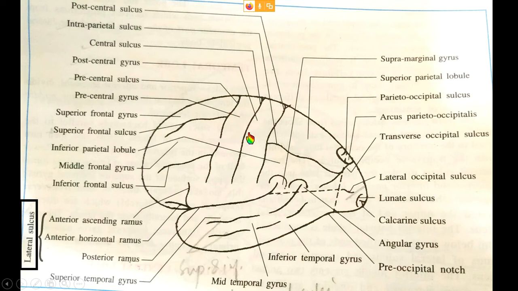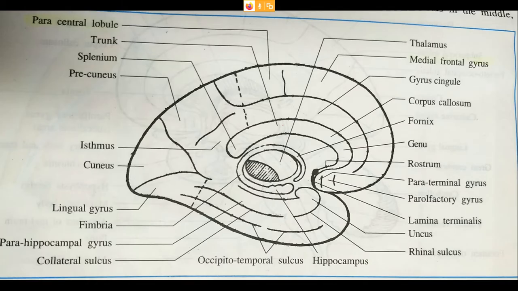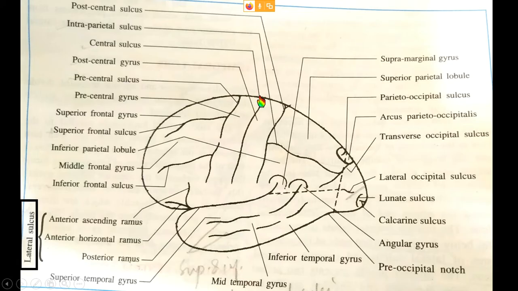Let me show you from where to where it is extending. The central sulcus arises from the medial surface and then extends into the superolateral surface. It is present between the frontal pole anteriorly and the occipital pole behind, just rostral to the upturned end of the cingulate sulcus on the medial surface.